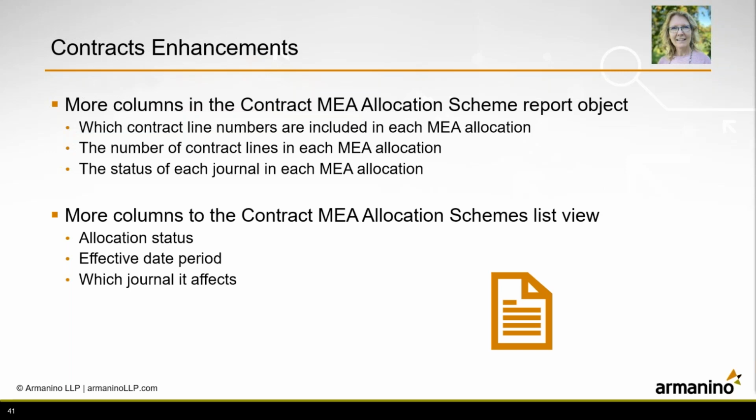So some more fields there in the custom report writer for the schemes. And then on the list view, they've added the allocation status, the effective date period, which is a nice one, and again, which journal it affects. So they're continuing to add more and more information around those allocation schemes.